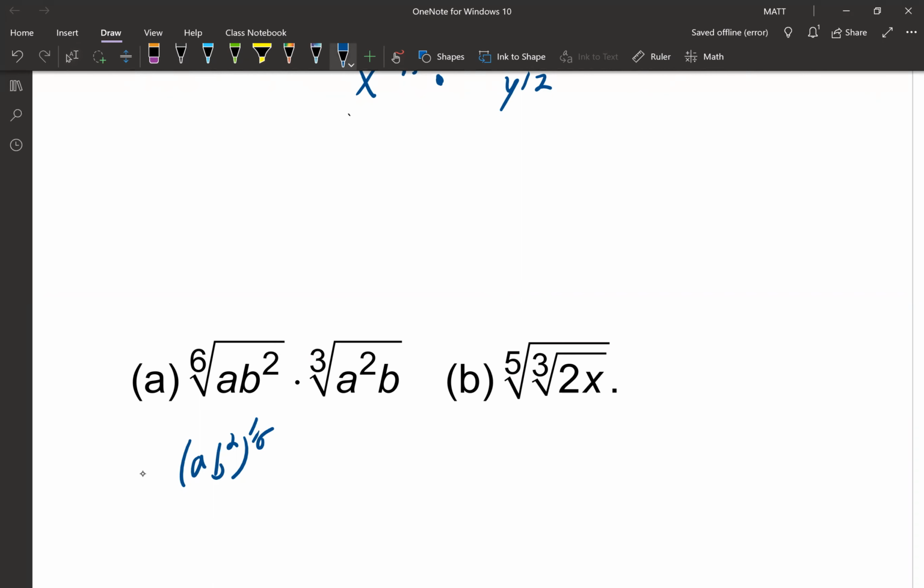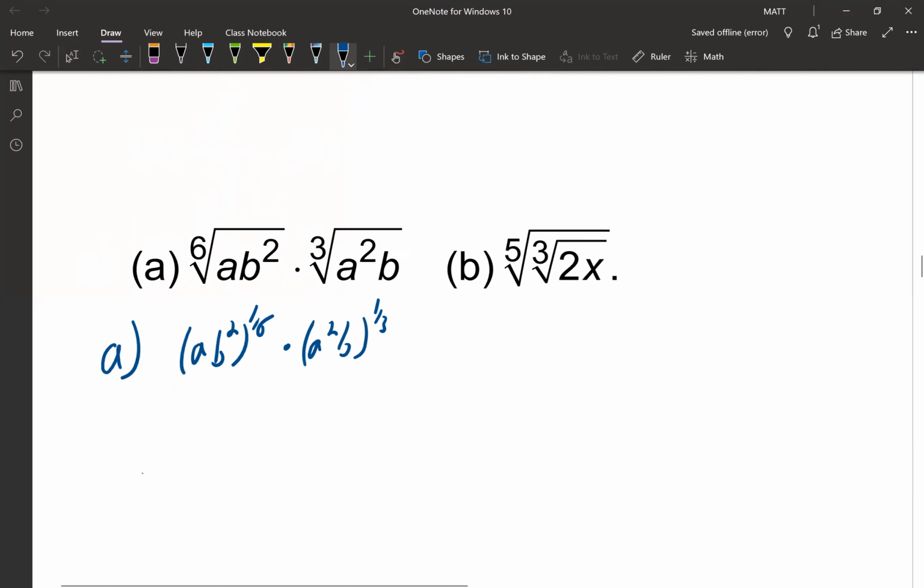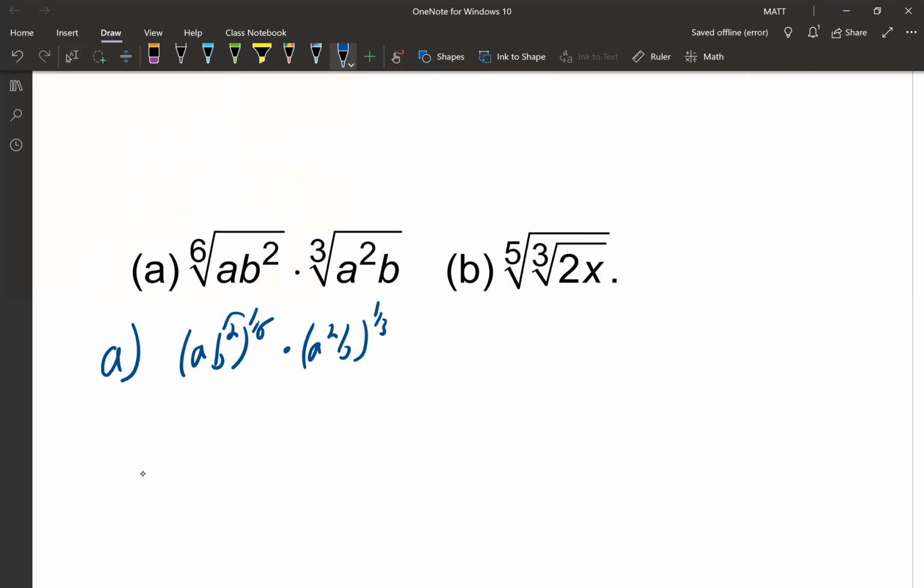And I can do the same thing on this one, multiplied by a squared b to the 1/3 power. After I have that, now I can distribute this 1/6 and the 1/3 to each of the factors. So we get a to the 1/6, b to the 2/6 multiplied by a to the 2/3, b to the 1/3.